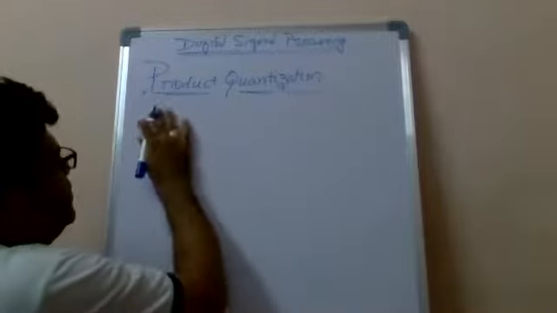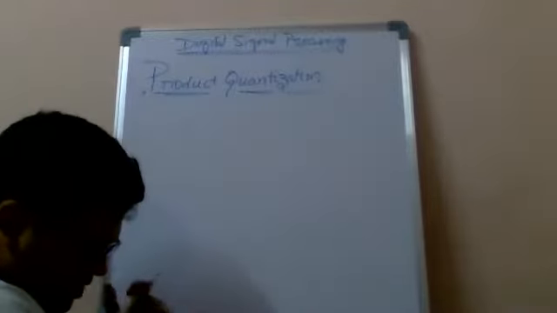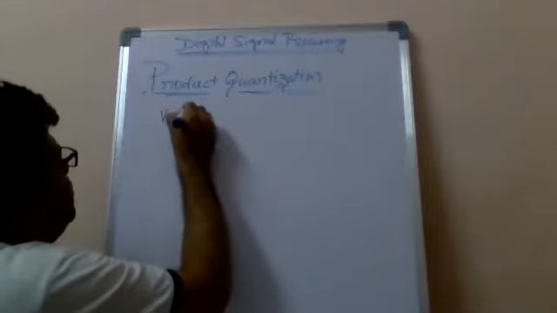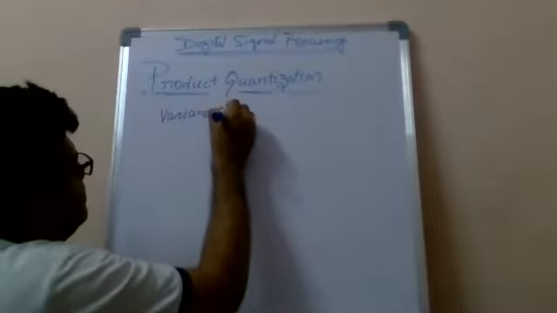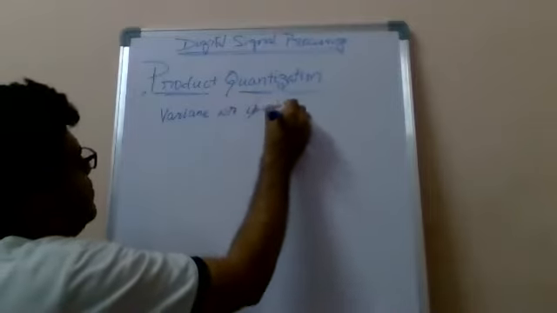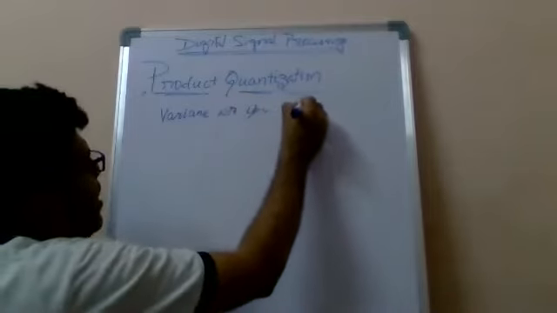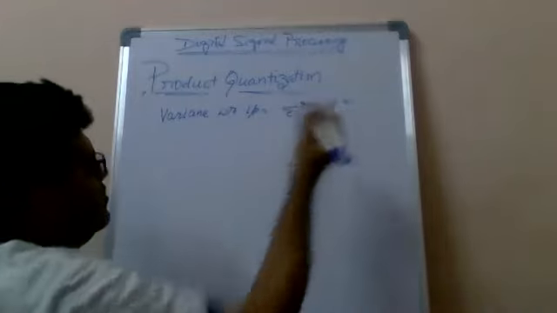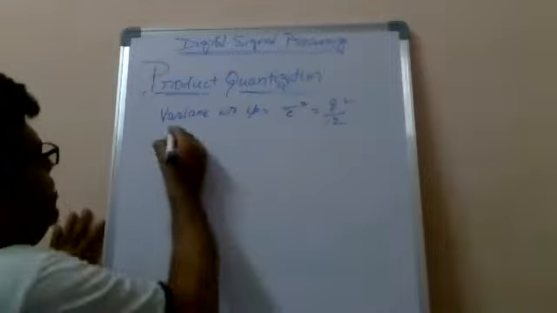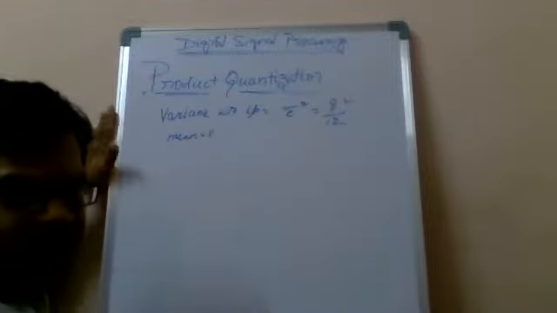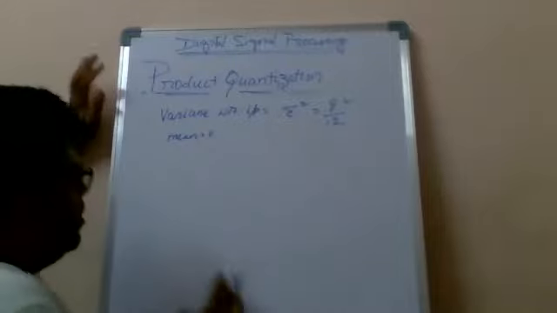So the input variance of the kth noise source, sigma E square, is equal to q square by 12, and the mean is obviously equal to 0. This we have already proved in the previous case.